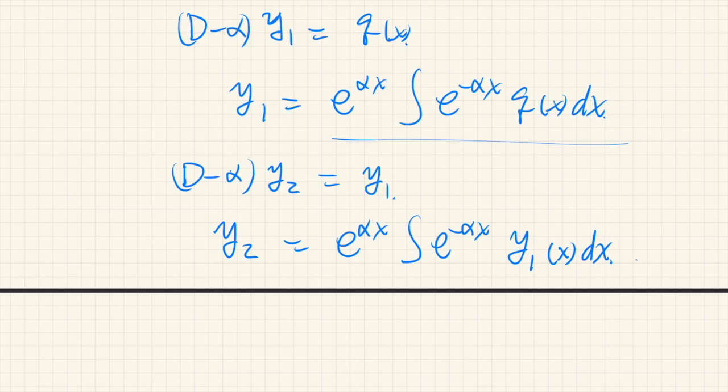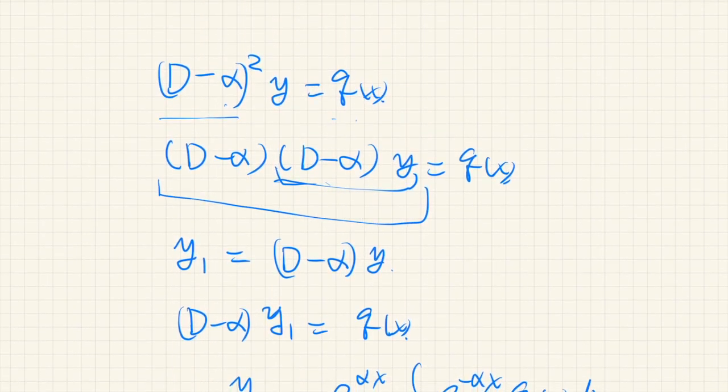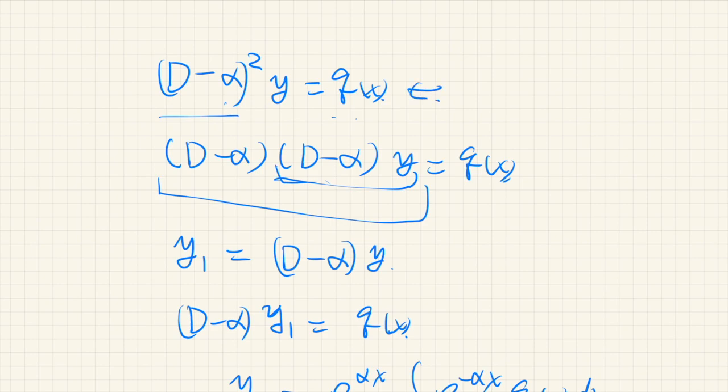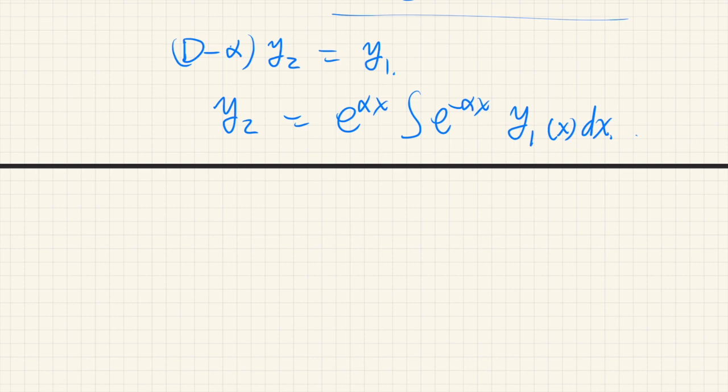So this is the final special solution of this equation. And from this you can easily see that we can in general solve this type of differential equation iteratively. So this m can be any natural number.